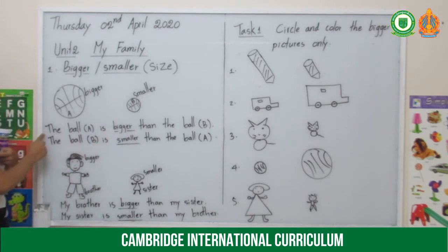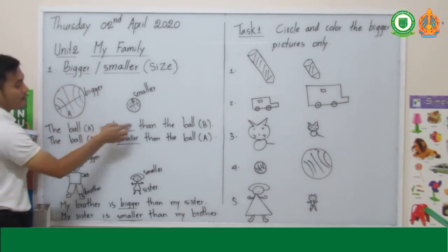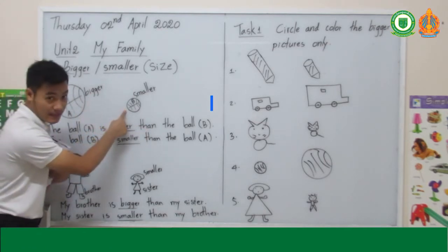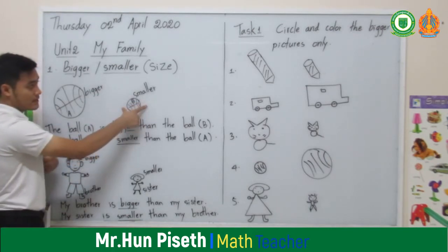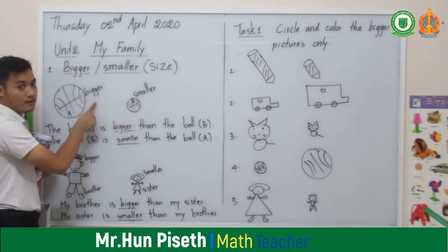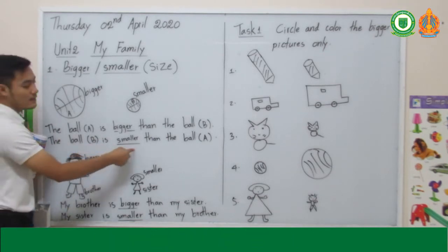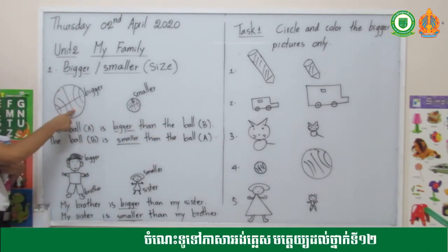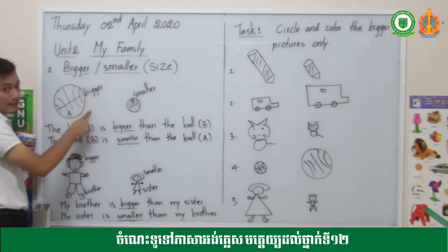It becomes: the ball A is bigger than the ball B. The second sentence is: the ball B is blank. Is it smaller or bigger? Yes, you're right, smaller. The ball B is smaller than the ball A.